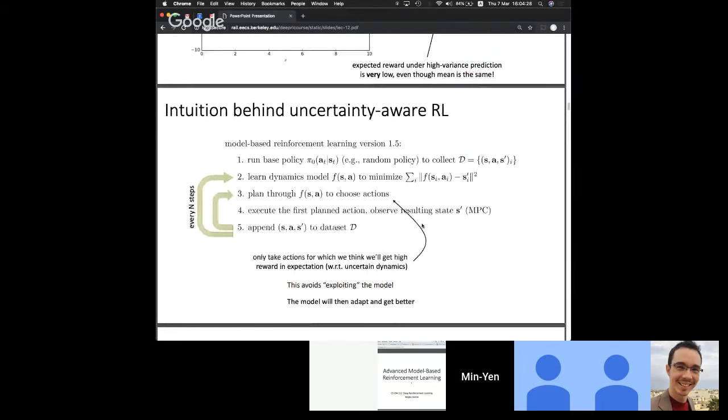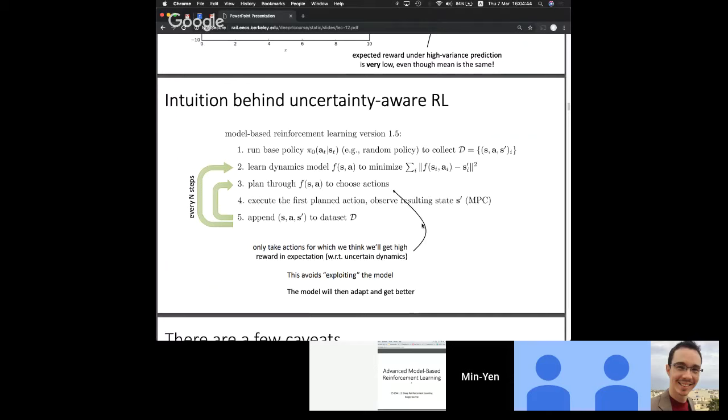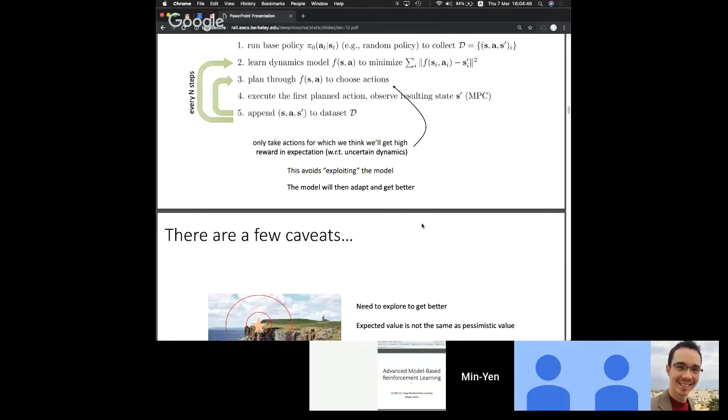What he's basically trying to say is, if you penalize the exploration part on the basis of how much uncertainty there is, and you penalize too much, then there would be a lot less exploration and you might get stuck on the same set of states over and over again. So there are a few caveats.